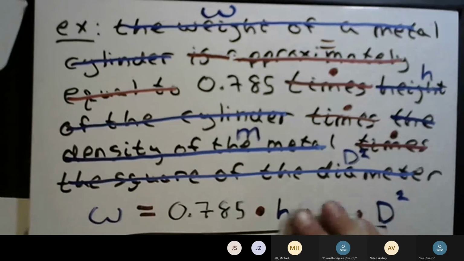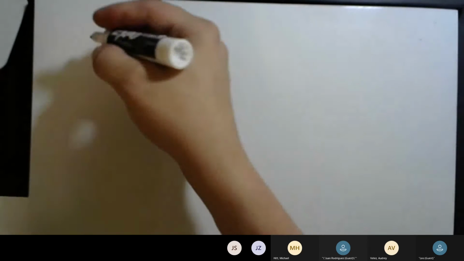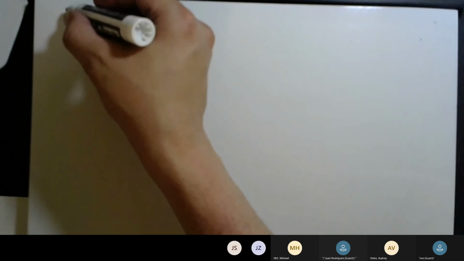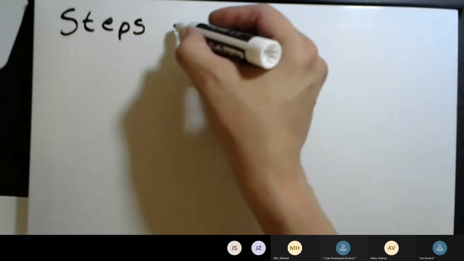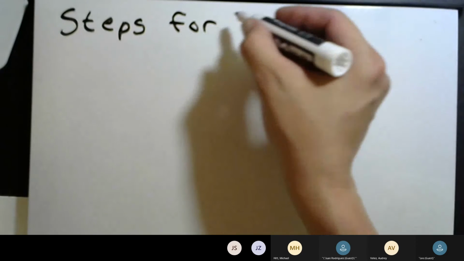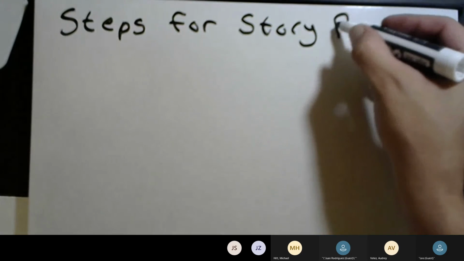Last thing in this section, story problems. Now you've been doing story problems already, but these are going to be with algebra. We're going to look at some steps for story problems.